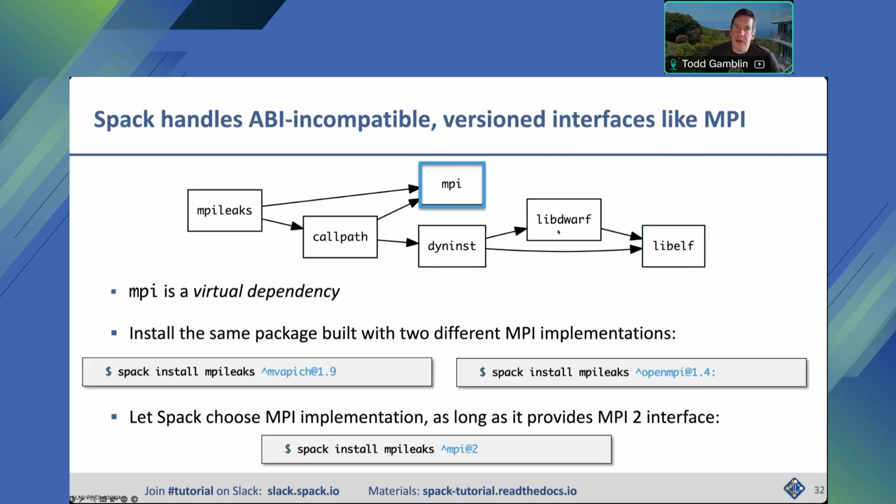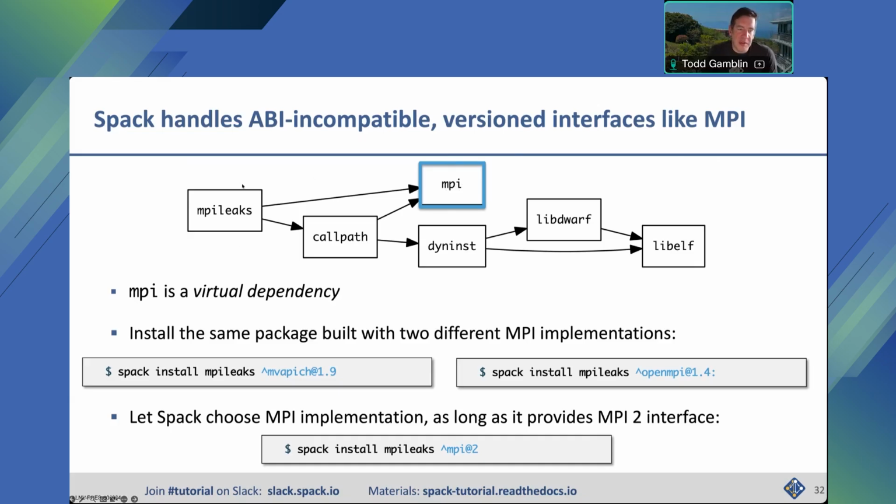Spack also handles ABI compatibility, and source compatible interfaces like MPI. You may have noticed in the package that it depended on MPI, which is not actually an implementation, it's an interface. And MPI has lots of different implementations like OpenMPI, MVAPICH, MPICH, and so on. And you use the same syntax to specify what ought to be swapped in for this MPI node.